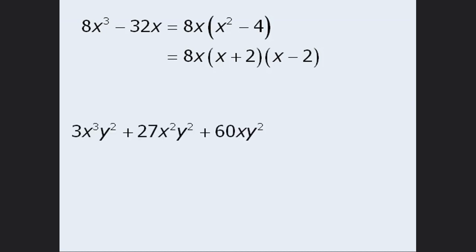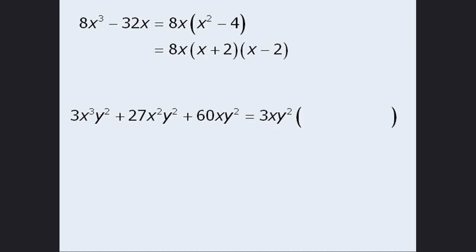Okay, let's try another one. Here, the greatest common factor of the 3 terms is 3xy squared, and when we fill in the terms in the parentheses, we get the following. At this point, can we factor the expression inside the parentheses? The answer is yes. This is a quadratic polynomial that we learned how to factor earlier.